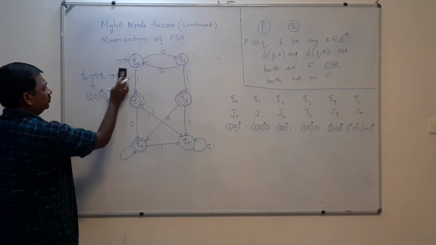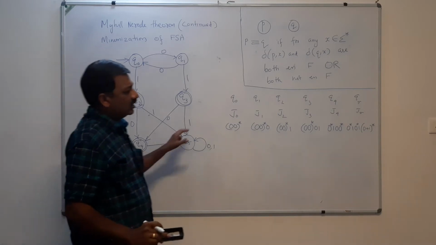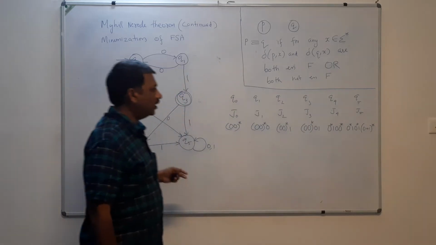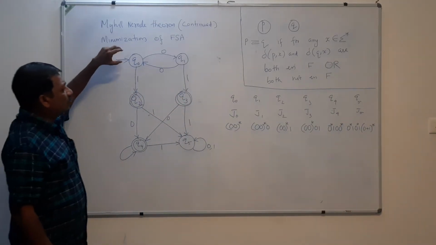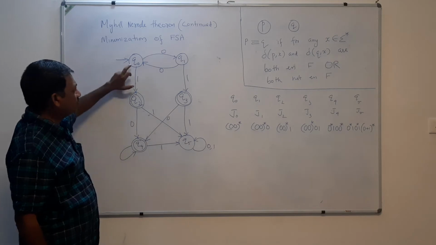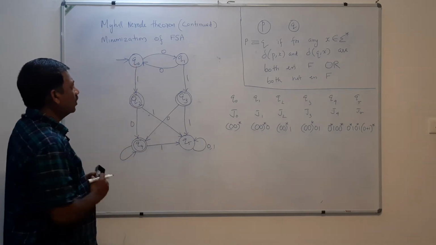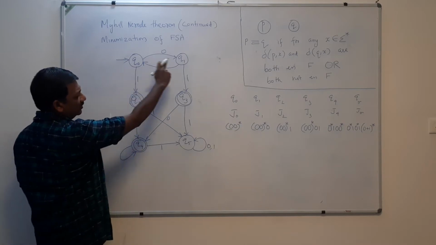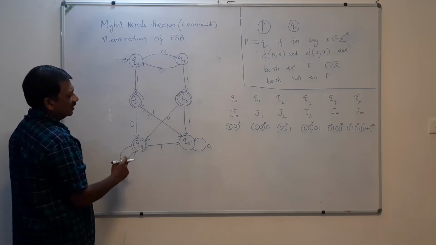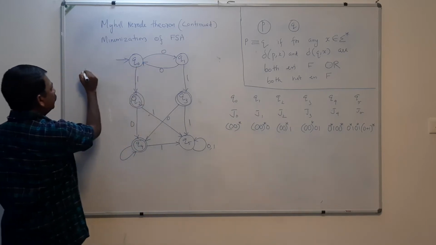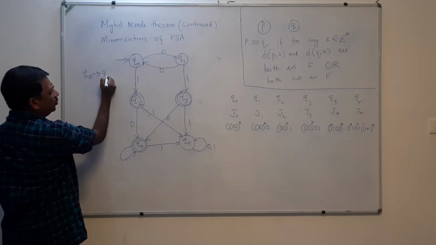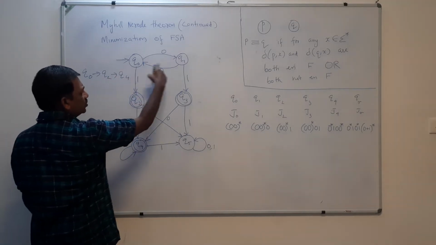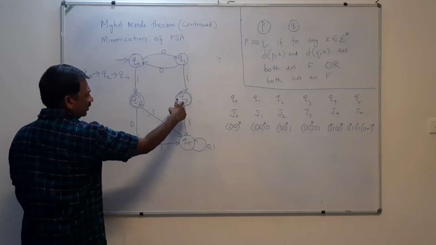Okay, now J4 is the set of strings which causes the finite control to reach Q4 from Q0. From Q0 to Q4, how many different routes are there? One is through Q0 to Q2 to Q4. Another way is Q0 to Q1, Q1 to Q3, and then Q3 to Q4.